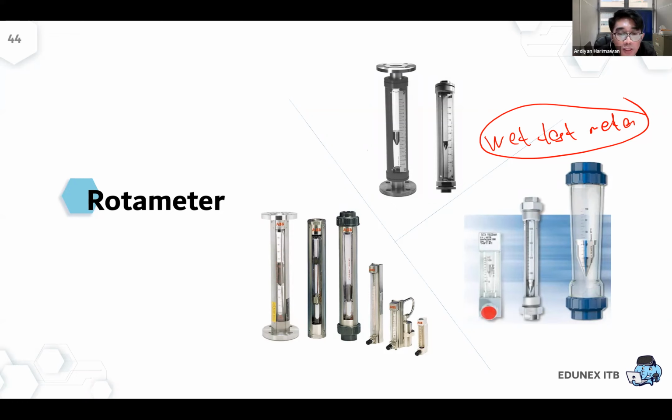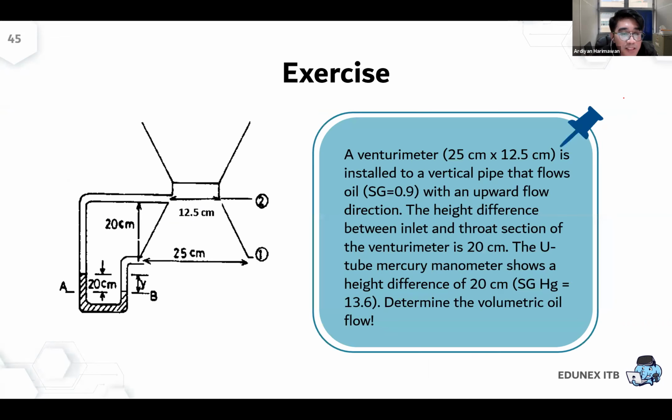So you have to use the same gas to calibrate the rotameter. Don't use other types. Maybe if you use hydrogen, it will have a different density than nitrogen, so the calibration value will not be correct. Later I think you will learn this in the practice.